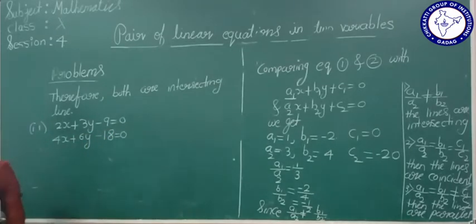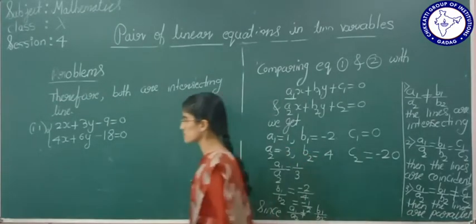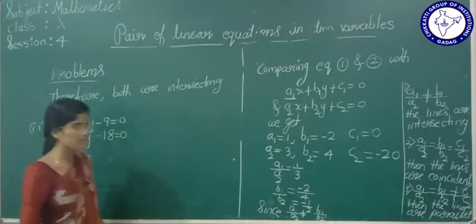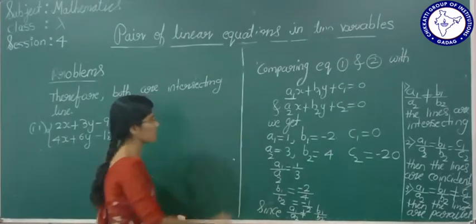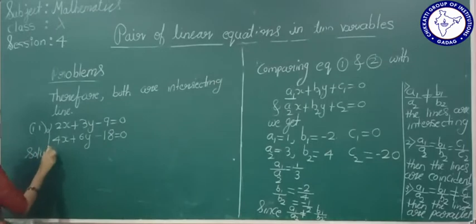So tell me whether these lines are intersecting or parallel or coincident. Do it fast. Okay, I think you have got the answer. You are verifying the answers now, right students?